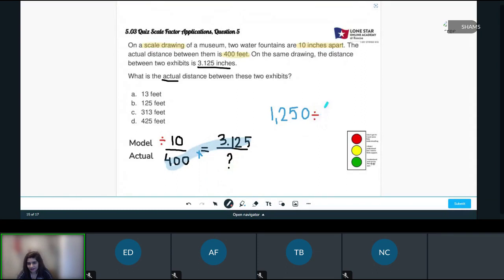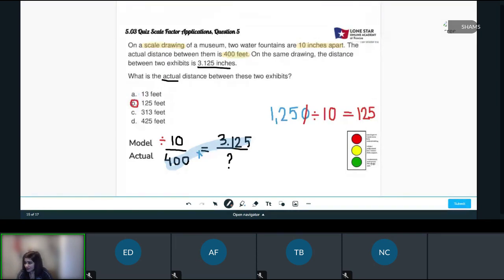And dividing by 10 simply means, if a number has a 0, if you just take away the 0, it gives you the answer. If the number had a 0, you take away the 0, it gives you the answer. So it's going to be 125 without really dividing. And the answer is going to be answer choice B, 125.